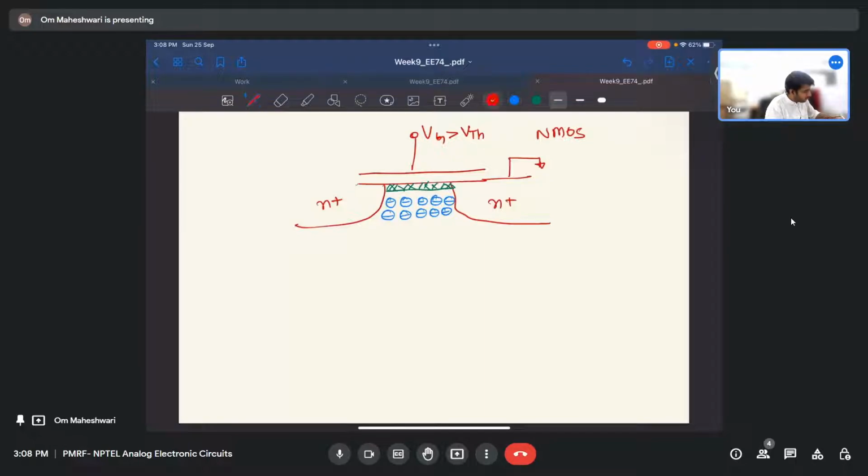So the charge in the semiconductor is equal to Q inversion plus Q depletion. But inversion charge is much greater than depletion generally, so we will just assume it to be Q inversion.